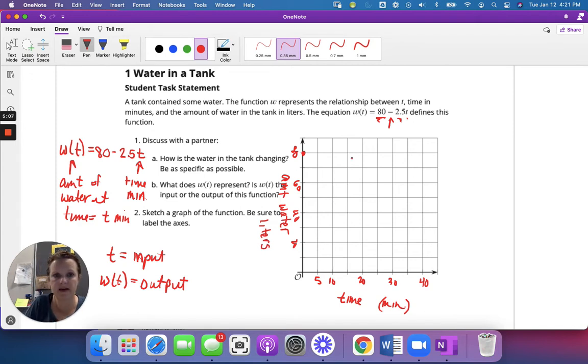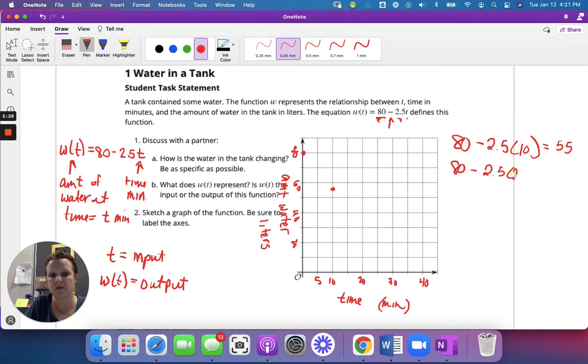We're at 55. So I just did 80 minus 2.5 times 10, and I'm at 55. So at time equals 10, we're at 55. Now let's do time equals 20. I'm just trying to graph it, plot some points.